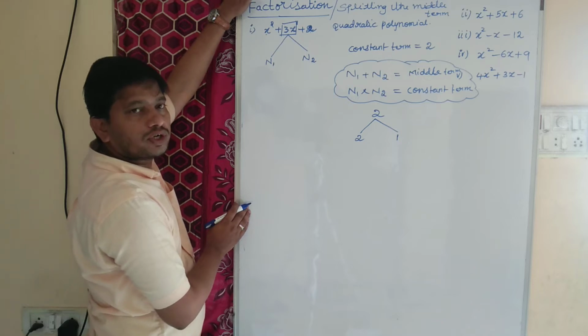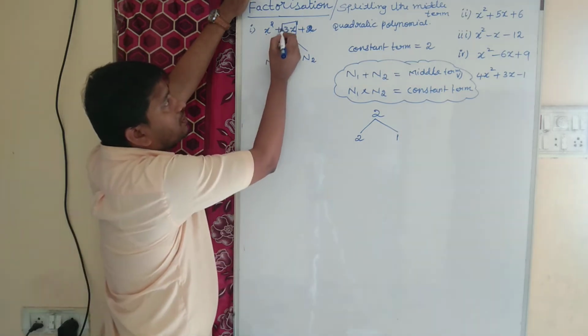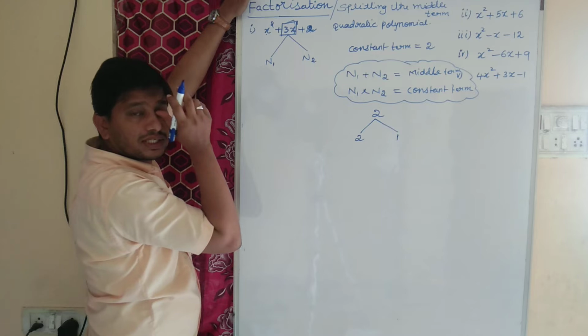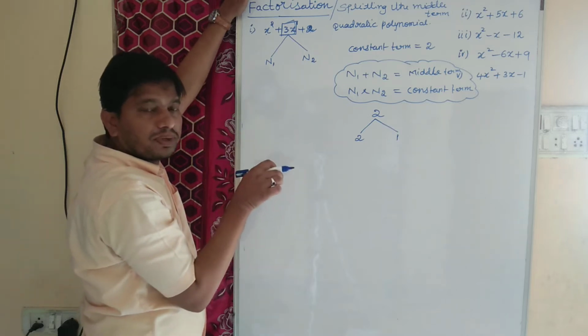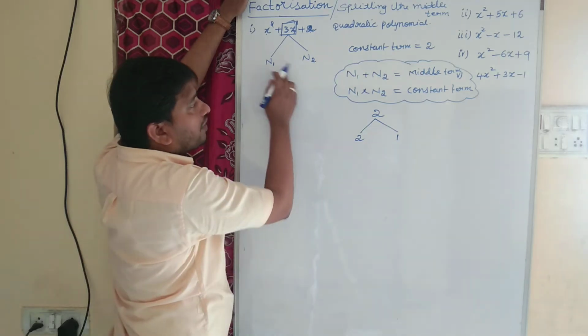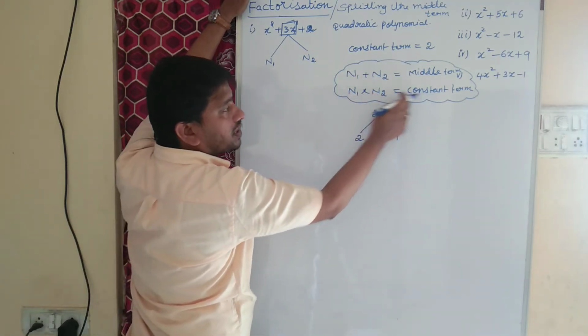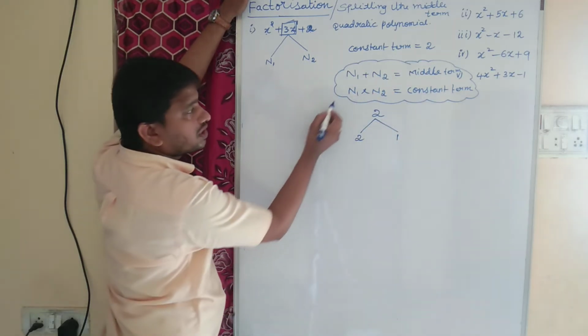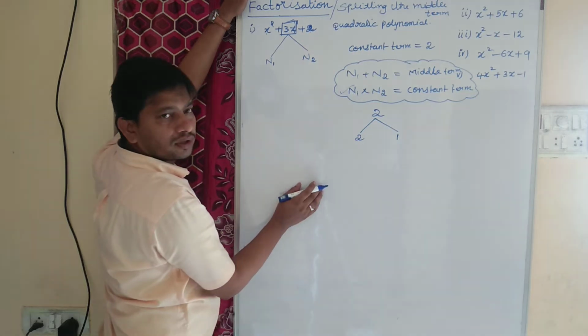We need to split the middle term into two numbers, and when we multiply those two numbers, we need to get the constant term.